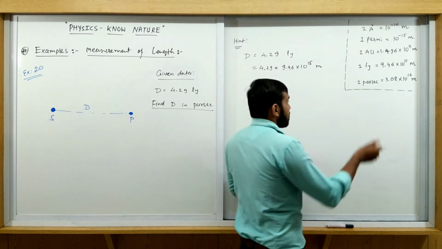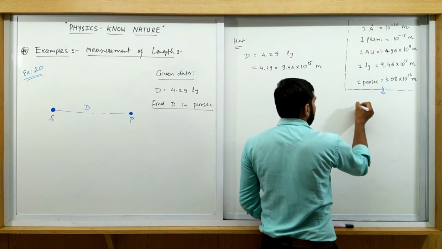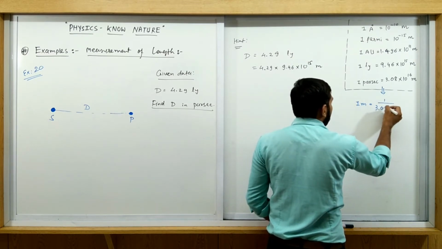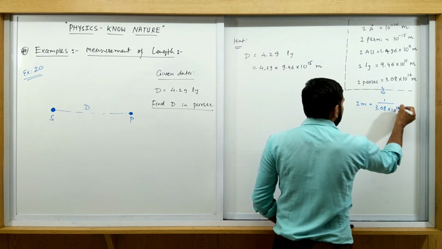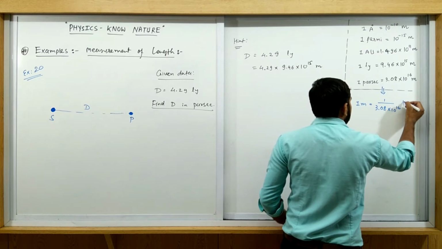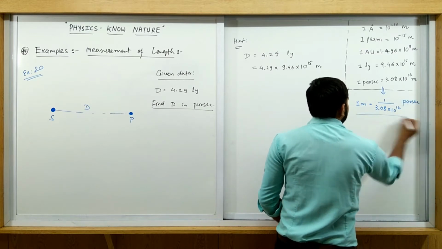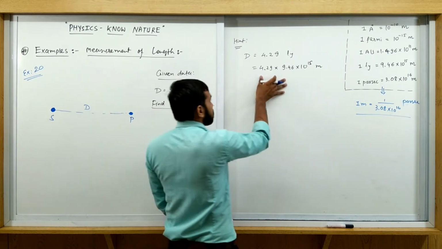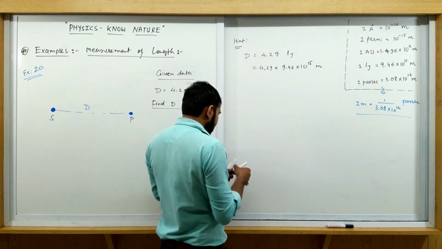What is 1 meter from here? From this one, 1 meter is equal to 1 upon 3.08 into 10 raised to 16 parsec. Yes or no? So use this relation here, and finally you get this answer.